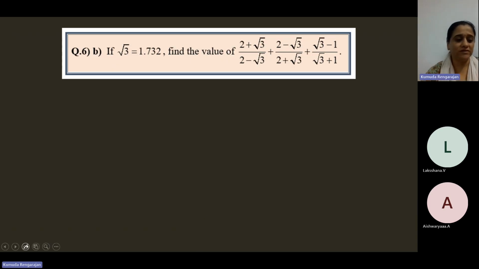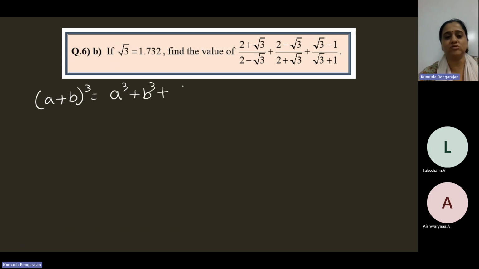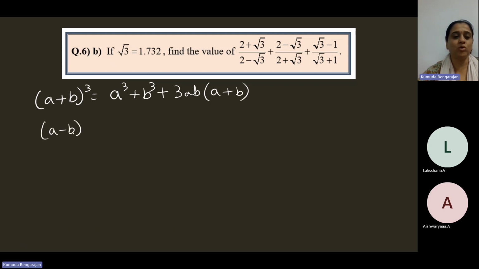I'll just write it here. (a plus b) the whole cube is equal to a cubed plus b cubed plus 3 into a into b into (a plus b). (a minus b) the whole cubed is equal to a cubed minus b cubed minus 3ab into (a minus b).